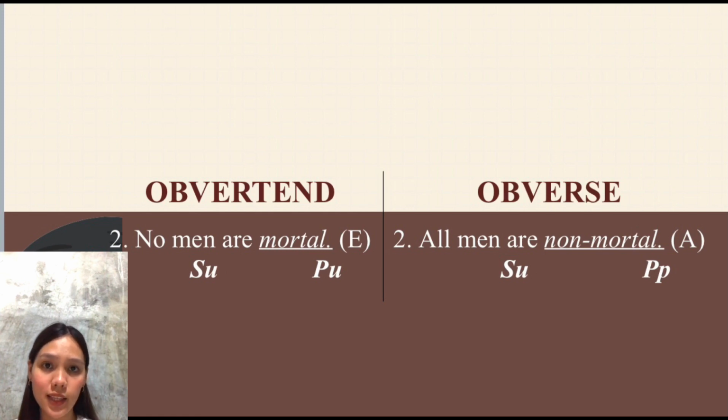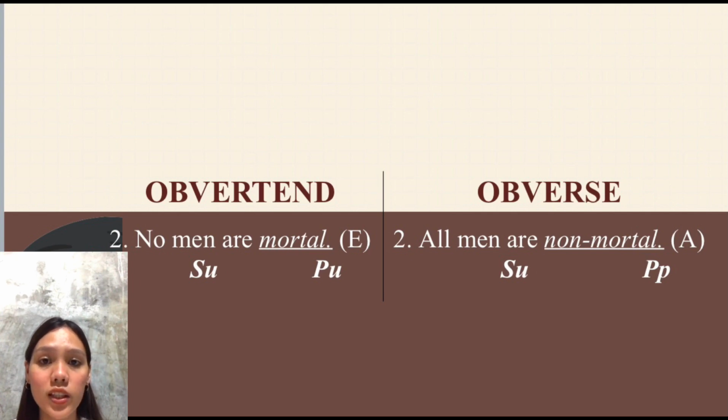As we look at the example, no men are mortal, which is the obvertend, it is negative. It contains a negative word. All men are non-mortal, which is the obverse, is affirmative. It does not contain any negative word. The word non there is just a contradictory word for the predicate in the obvertend.